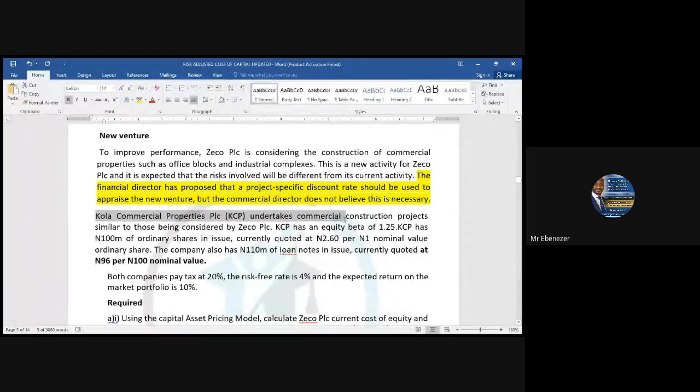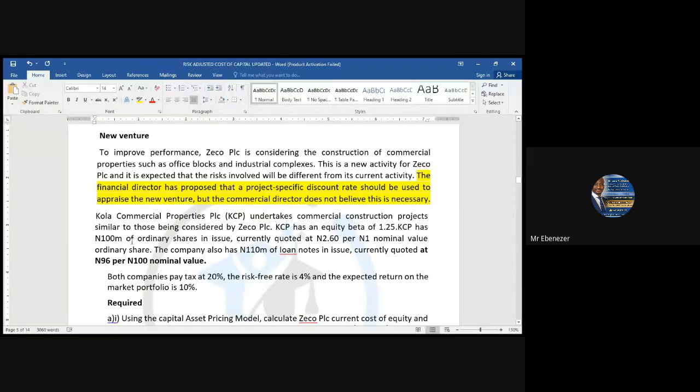undertakes commercial construction projects similar to those being considered by ZECO. Class, Color Commercial Property is what? A proxy company. There is an equity beta of 1.25 for the proxy company.